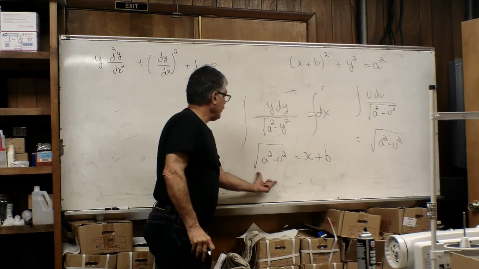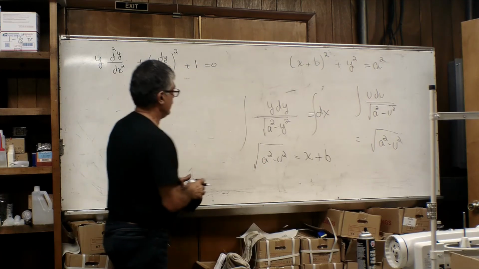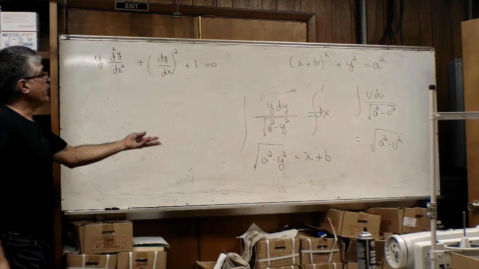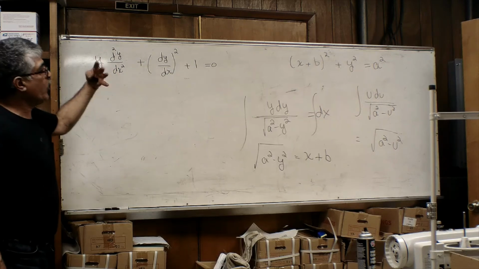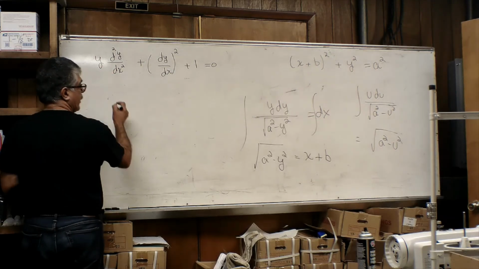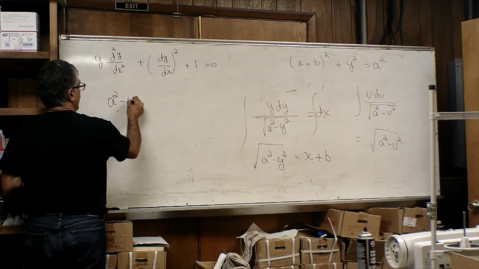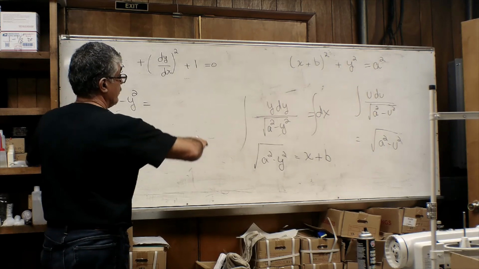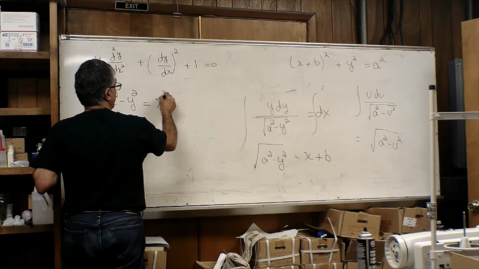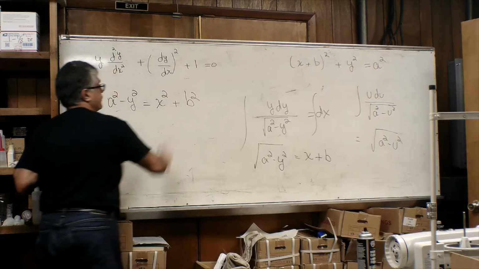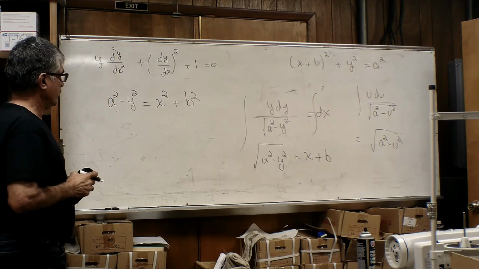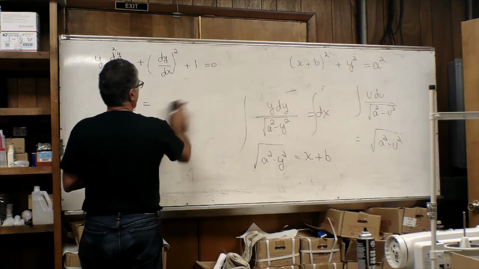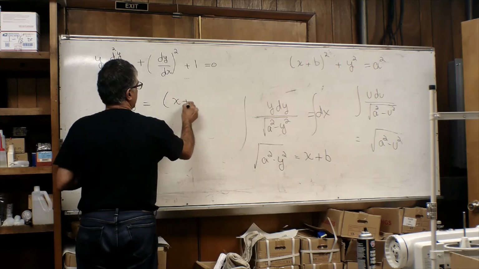So now in here, we have y square. So let's go ahead and square both sides of the equation. On the left side, we are going to have a square minus y square, and it will be equal to x plus b, squared.